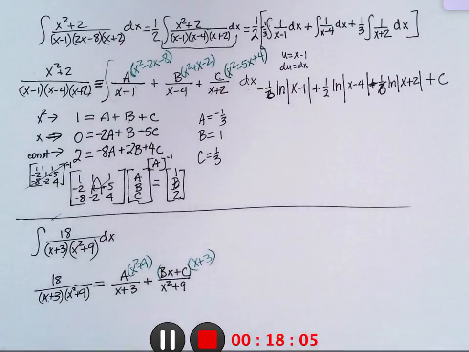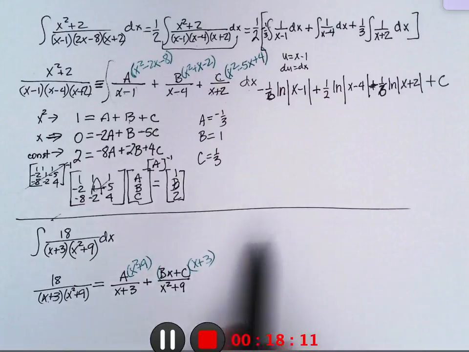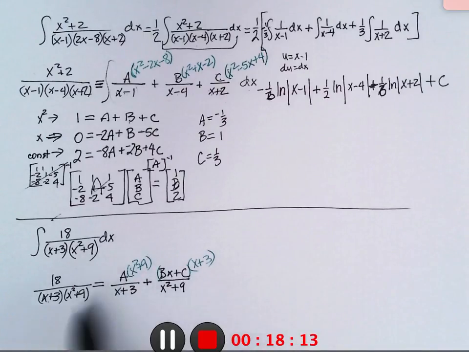I'm just going to show that there temporarily because we're going to jump right into it: over here I'm going to get some x squareds, some x's, and a constant.